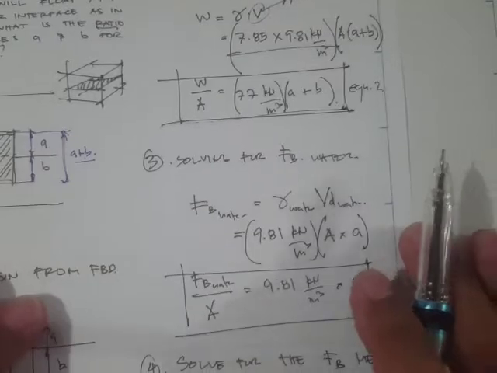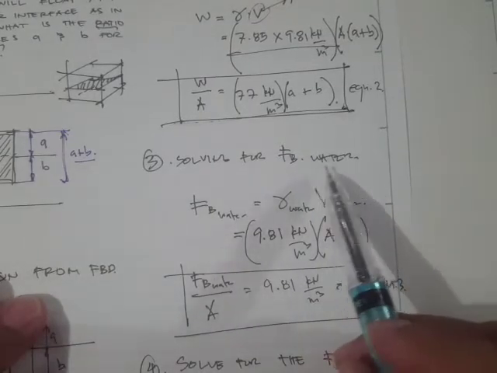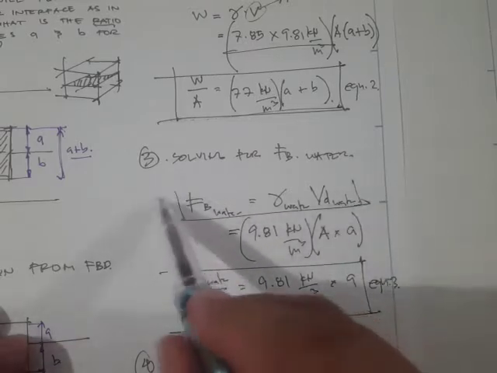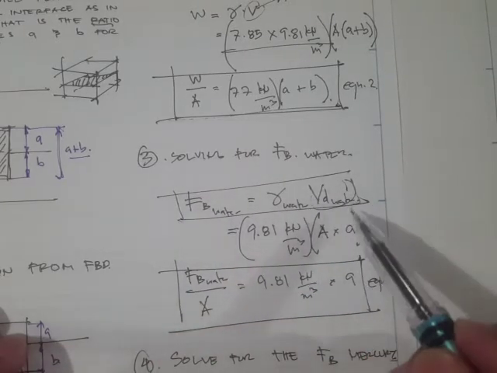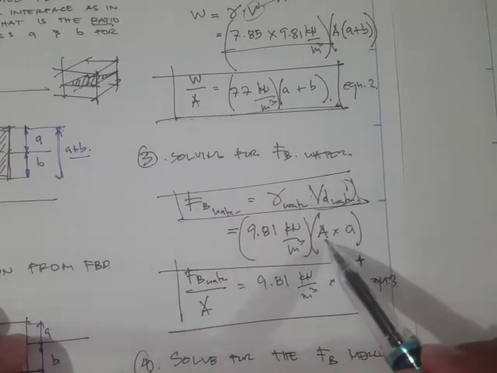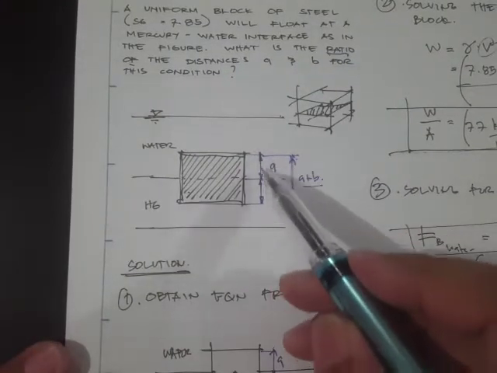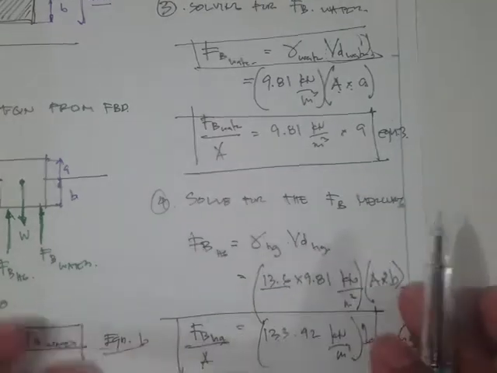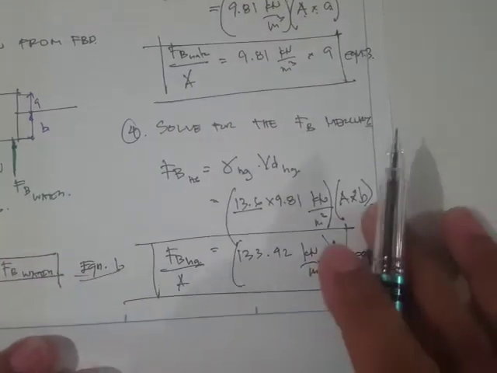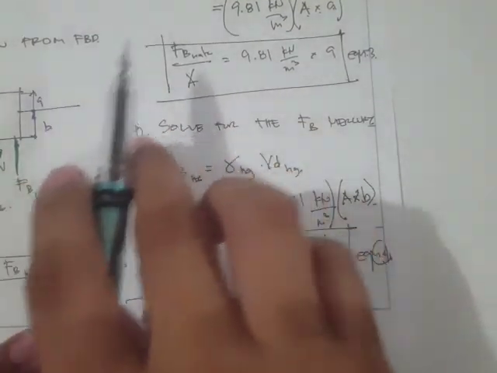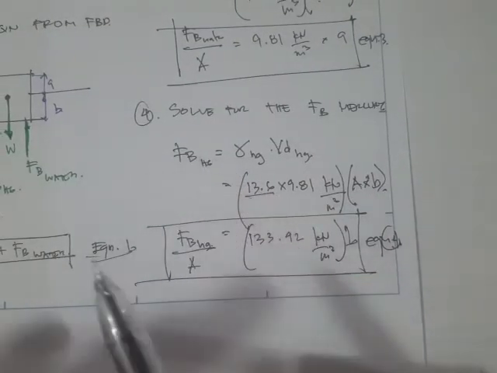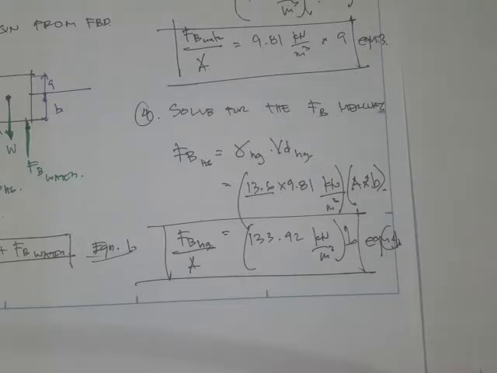Then the next step that we did is to solve for the buoyant force of the water. We apply this equation, and we only consider the volume displaced by the water, which is area times the depth A. And then we arrive at this expression. The next step is to solve the buoyant force provided by the mercury.